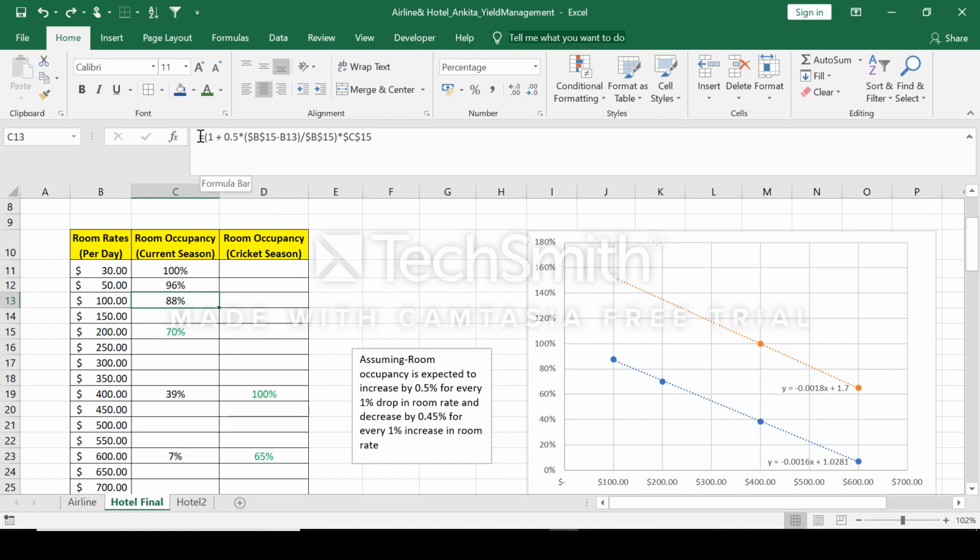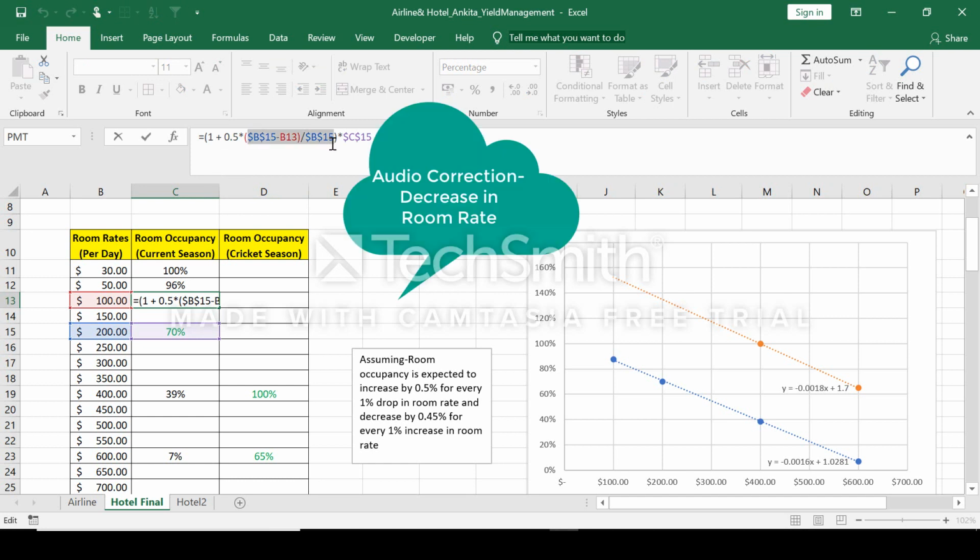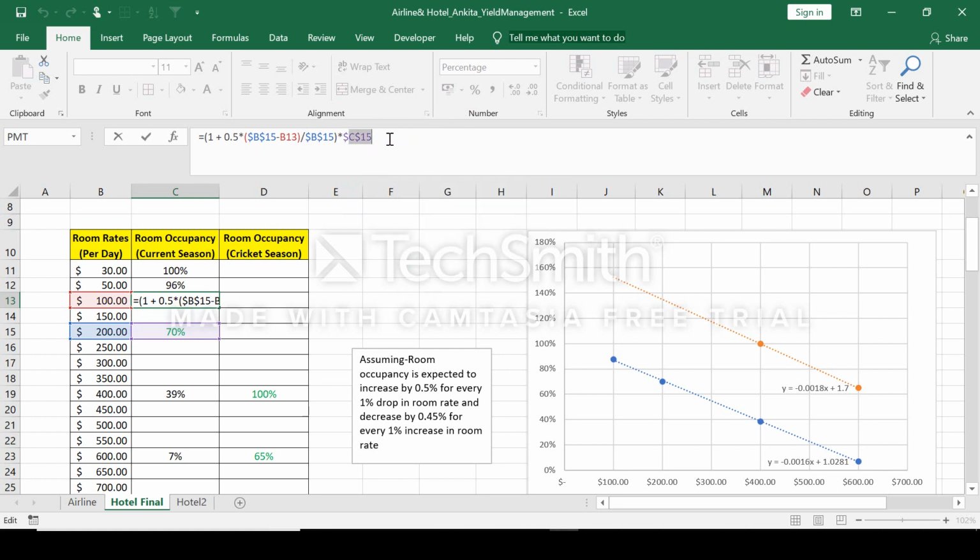This is the formula: this is the change in the room rate, and this is the existing occupancy of 70%. Using these two data points, we calculate the new occupancy. Similarly, we do that for the decrease in the room rate, which is here.